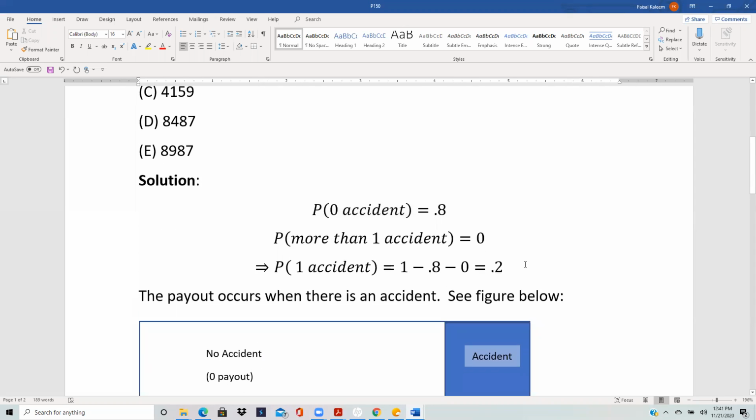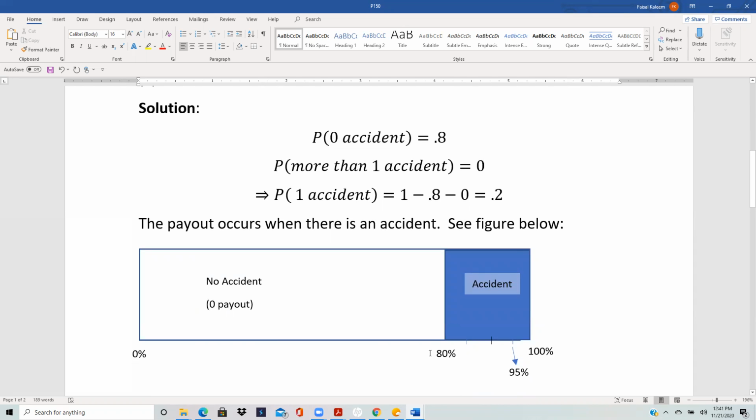So here's the situation. 80% probability of no accident, and in that region the payout is 0. And then there is 20% probability, which is the shaded portion, of an accident. And we need the 95th percentile of the payout. So the 95th percentile will be over here.